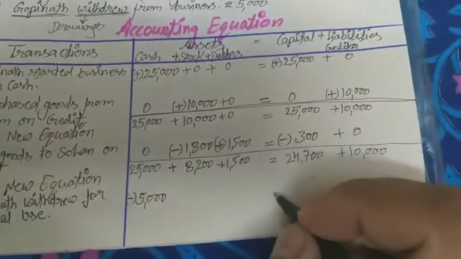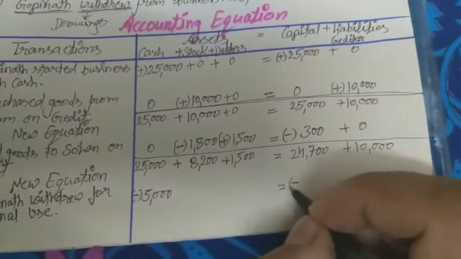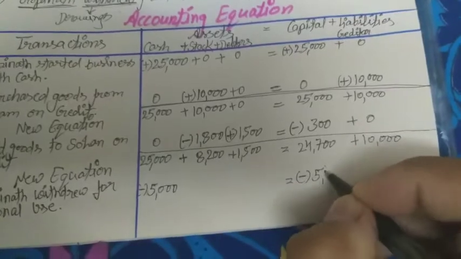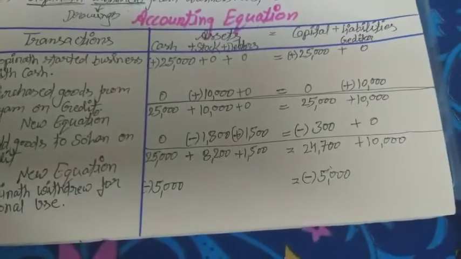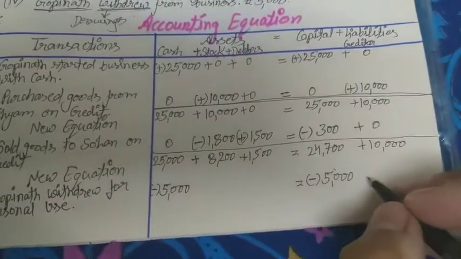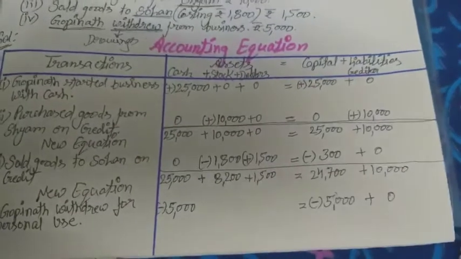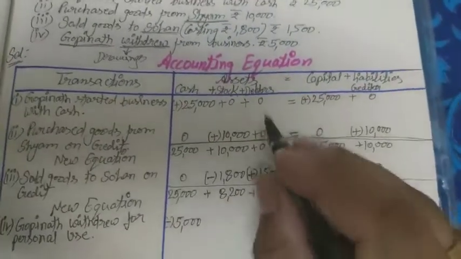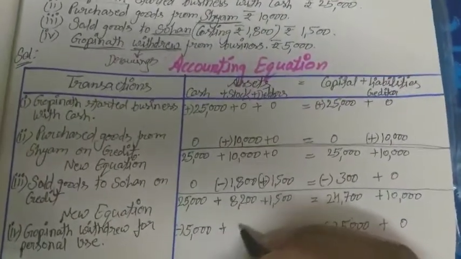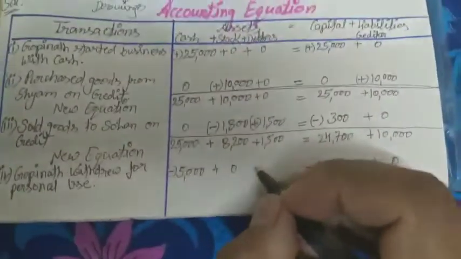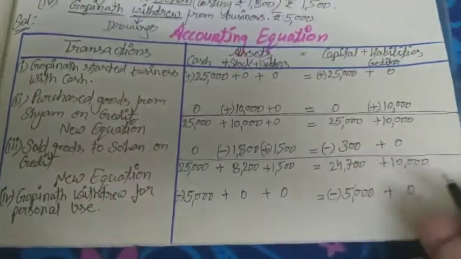So here we will subtract 5,000 rupees from the capital, and there is no effect on the credit or the liability, and no effect on the stock, and no effect on the debtors.